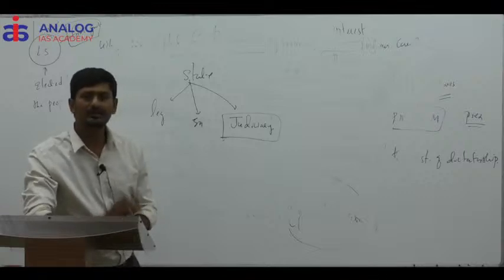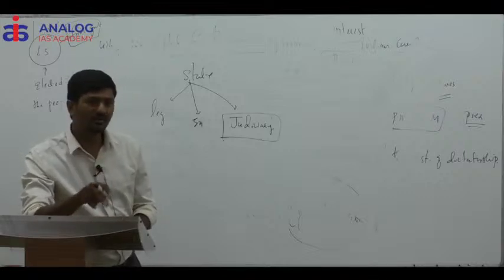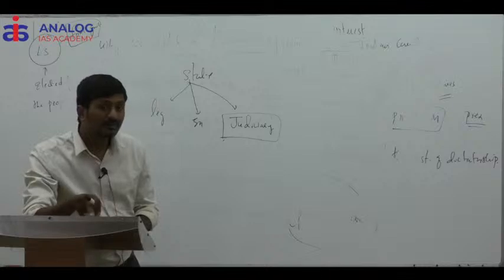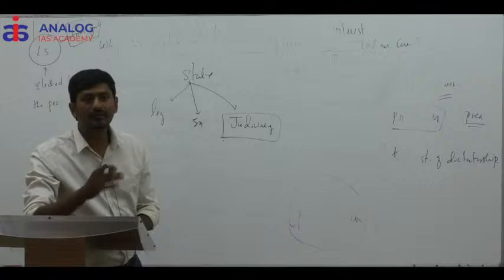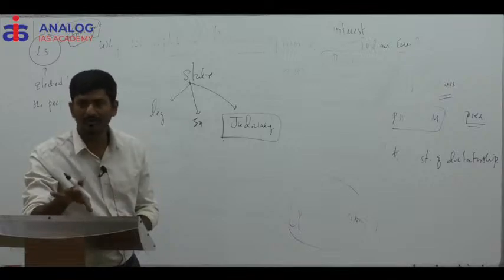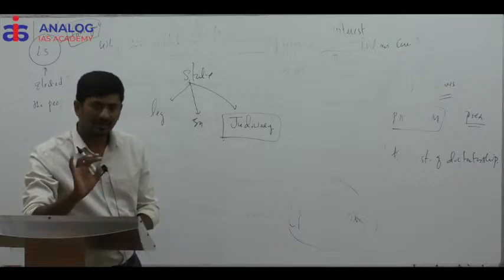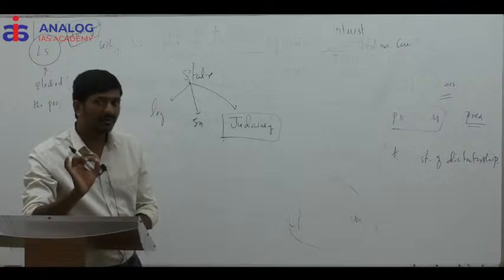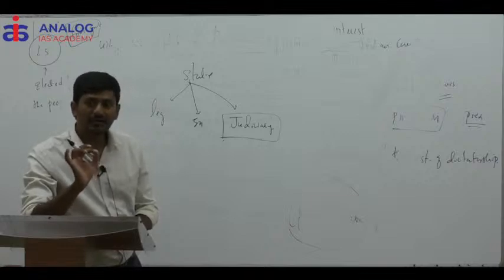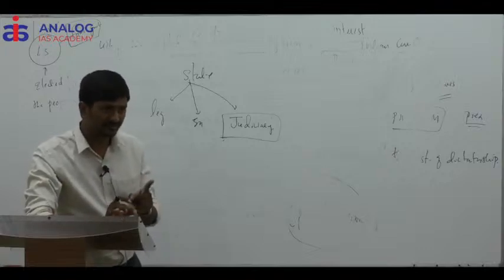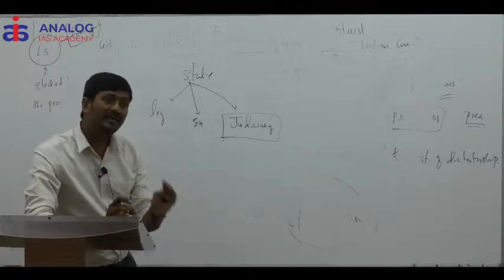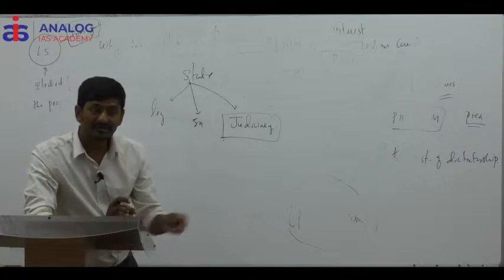I would like to ask you, what is the form of democracy we are following in the country? Indirect democracy. What do we call that indirect democracy in India? Parliamentary form of democracy. Got my point? And the specific feature of the parliamentary form of democracy is that the executive comes from the legislature. So in other words, the executive is inseparable from the legislature.